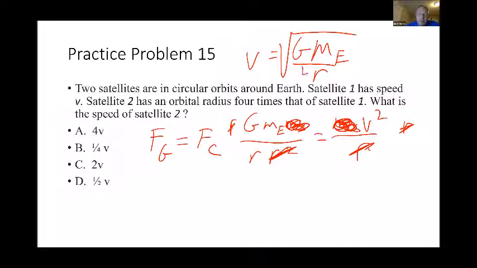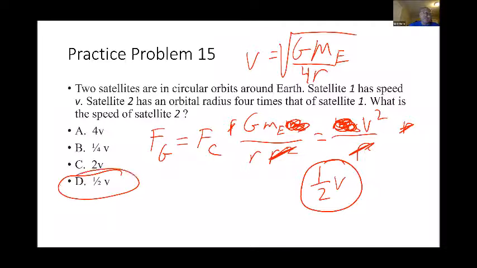So let's plug in a 4r right here and see that when we take the square root, with 4r being on the bottom, we're going to end up with a speed for satellite 2 that's essentially 1/2 of what it was for satellite 1. And that's choice D. And it's 1/2 and not 2 because this 4 is on the bottom of a fraction. So when we take the square root of 1/4, which is essentially what we have there, we end up with 1/2 of the original velocity.